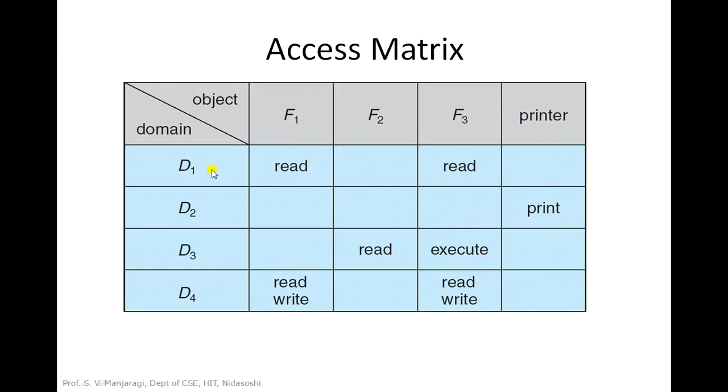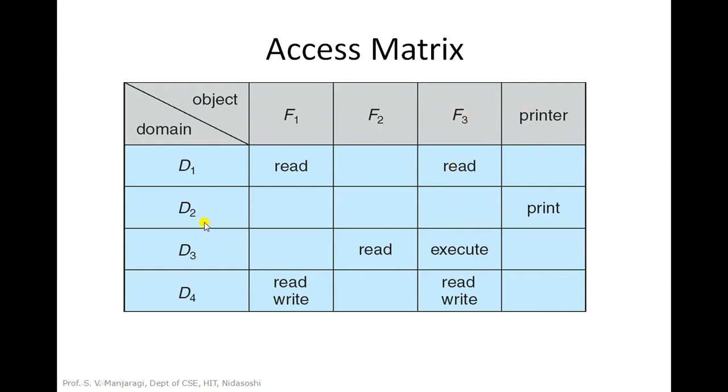It means processes of domain D1 can perform the read operation on file object F1. Similarly, processes of domain D1 can perform the read operation on file F3. So read access right is assigned to the processes of domain D1 on F3, and no access rights have been assigned for the processes of domain D1 for the objects F2 and printer.